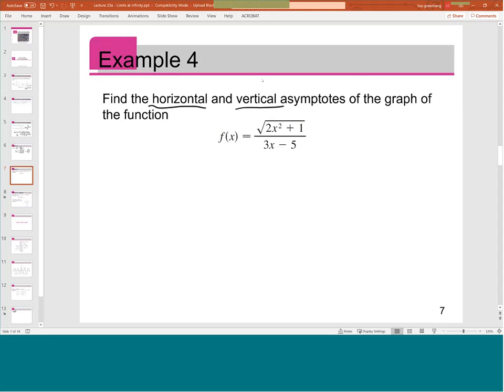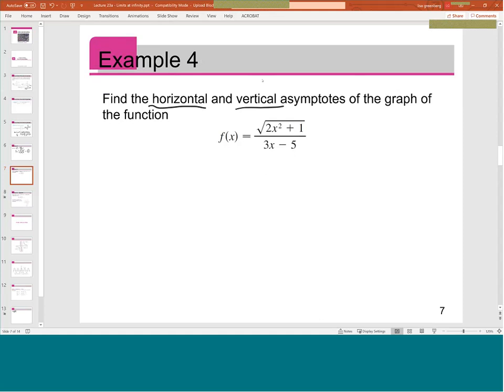Okay, so do I have a vertical asymptote here? Yes, you will. Okay, if I do, where is it? And if I don't, why don't I have it? Isn't a vertical asymptote anything that makes the numerator equal to 0?